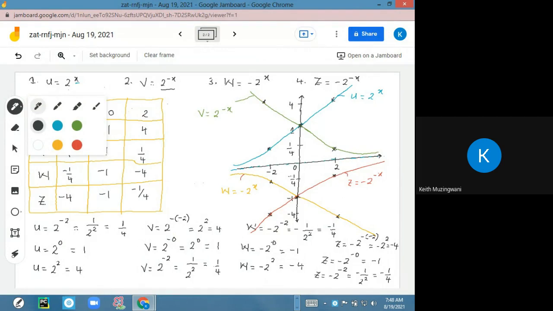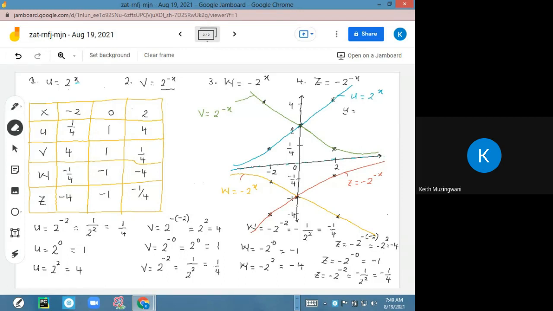So what I was saying is that you only get to use a table of values in an exam if you have forgotten the shape of the function that you are dealing with. This means that the family remains the same, the shape remains the same, even if u is to be equal to e to the power x, you sketch the same graph.